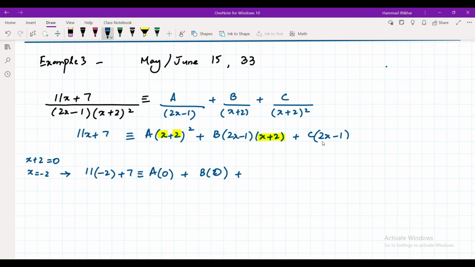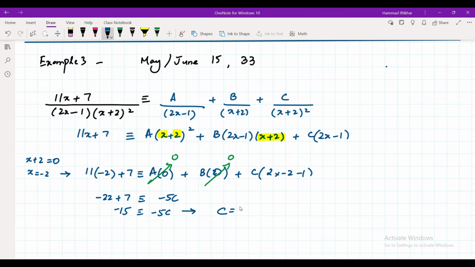And then this one, 2 times negative 2 minus 1, so this goes to 0. This, however, becomes minus 22 plus 7, minus 4 minus 1, so minus 5. Negative 22 plus 7 is negative 15, negative 5C, so C actually would become 3.